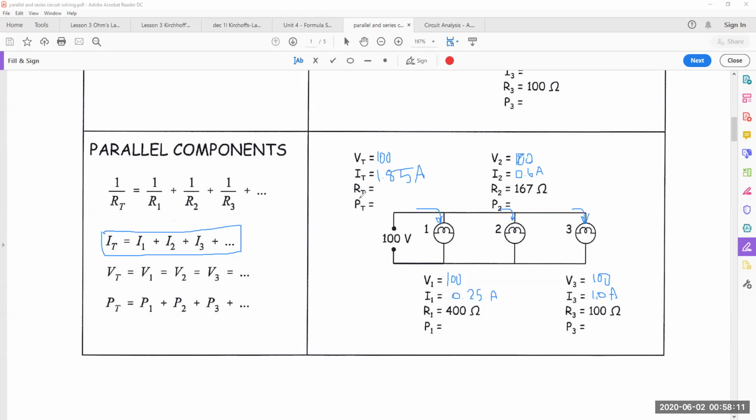So how do I find the R total? We have to go through this formula. So 1 over R total will be equal to 1 over 167 plus 1 over 100 plus 1 over 400.